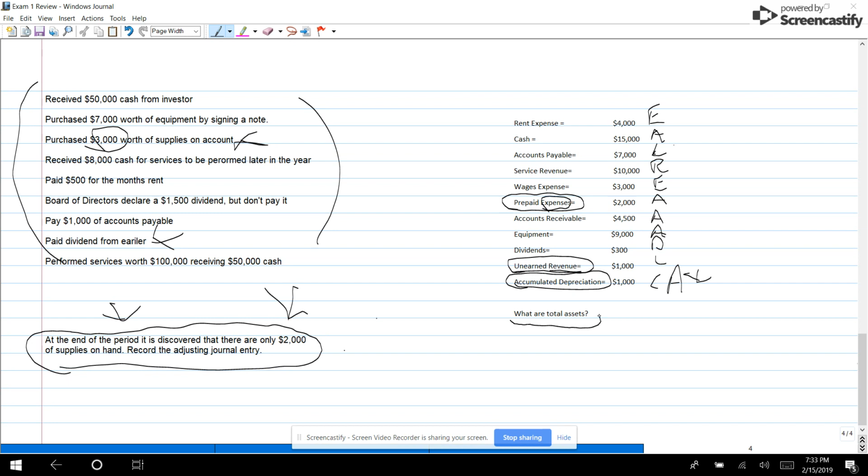So the question is asking what are total assets. Now that we've labeled everything, we can just plug and chug. So we have the 15,000, we have the 2,000, the 4,500, the 9,000, and now we have to remember to subtract the 1,000 because it is a contra asset.